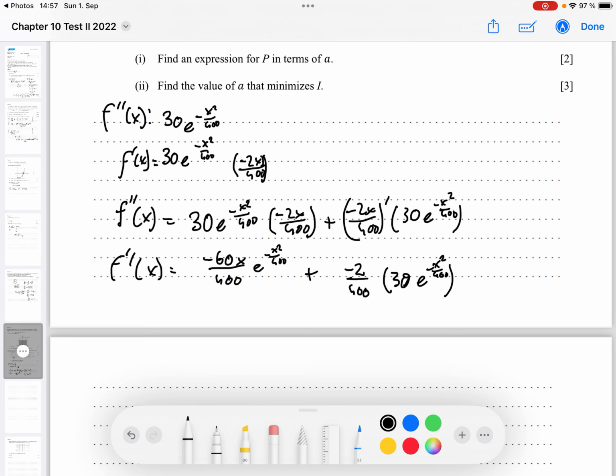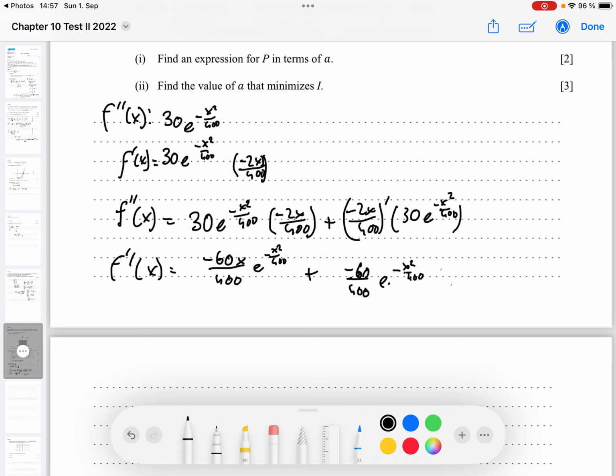If we simplify this expression, we can write it a bit easier as negative 60 e to the negative x squared over 400.